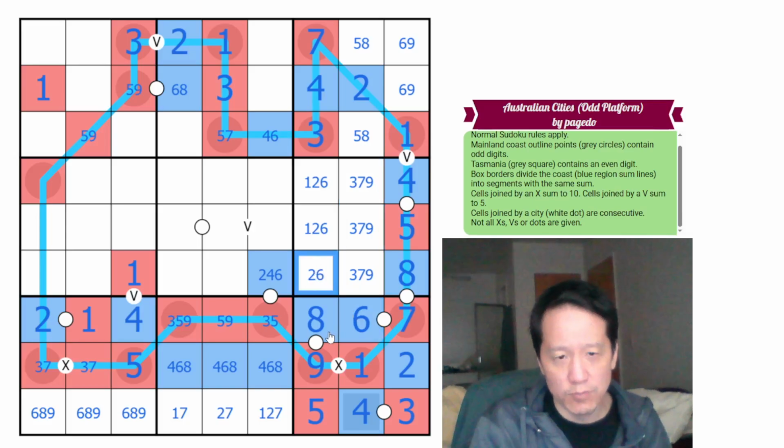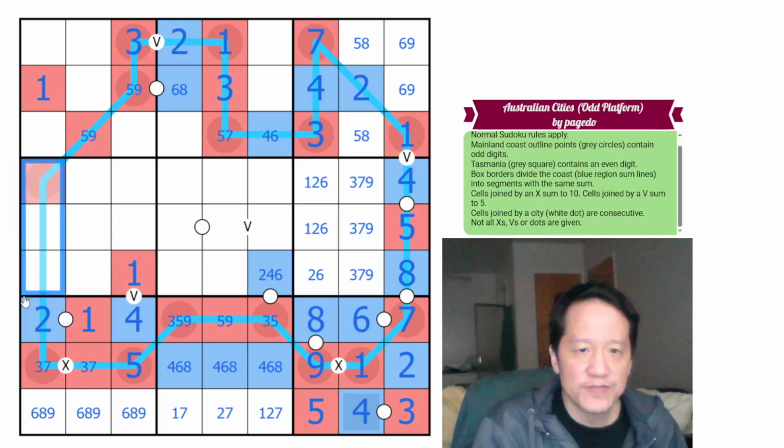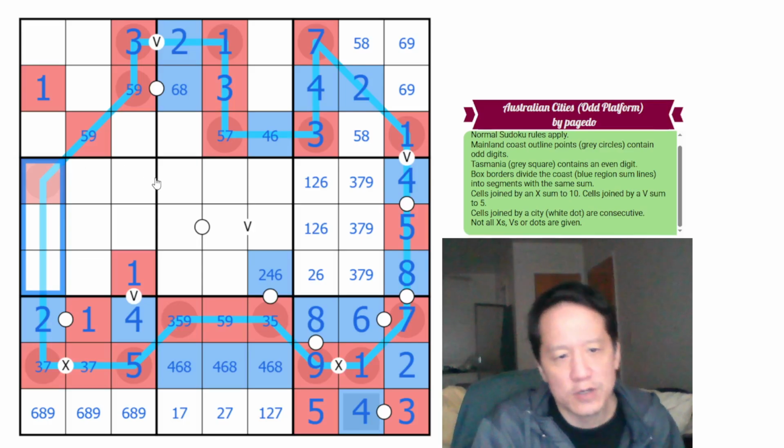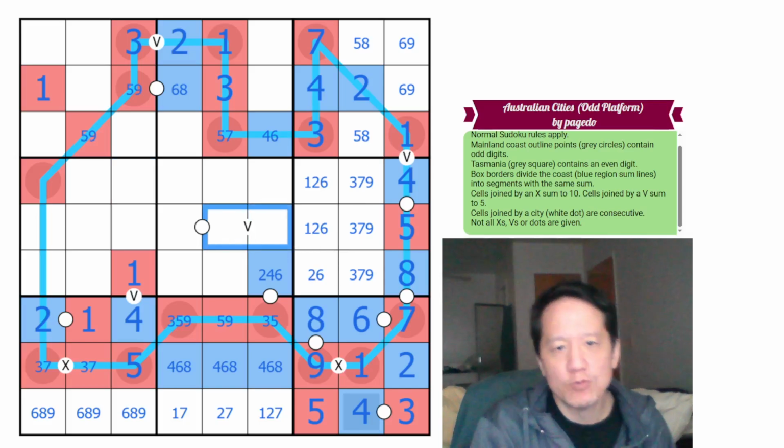Well, this can't be 1 here. These digits must add up to 15, or sorry, 17, but we don't know which ones those are. Let's see. These are 1 through 4 because they add up to 5.